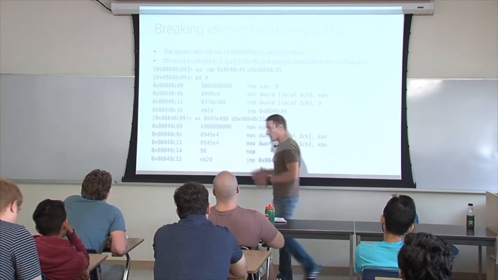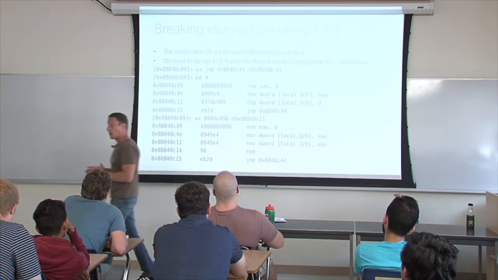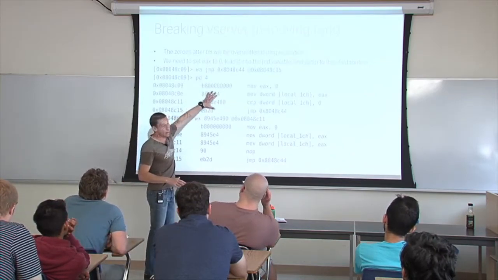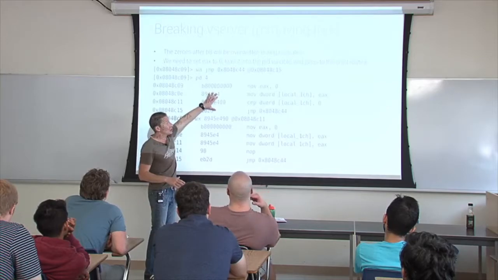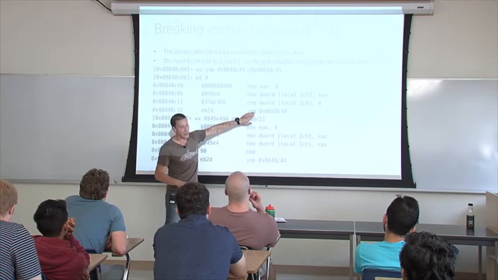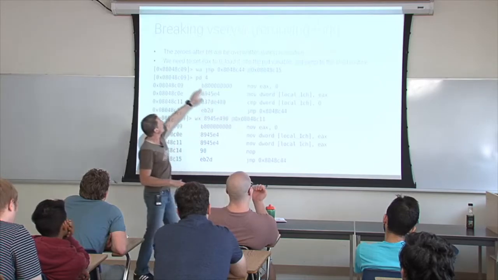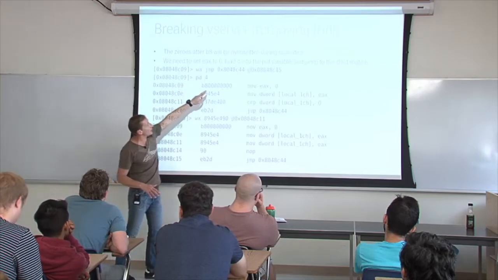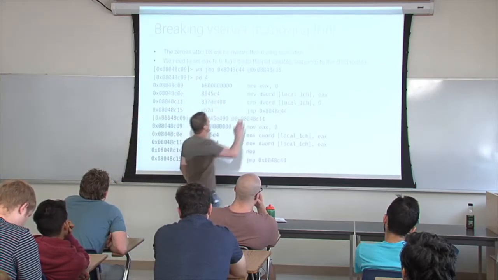Okay? So think about it. We have to, in a way, modify this binary so that the net effect is there is 0 in EAX, and we jump to the address that we want. Okay? So first thing, we write the jump to the location that we want at this location.